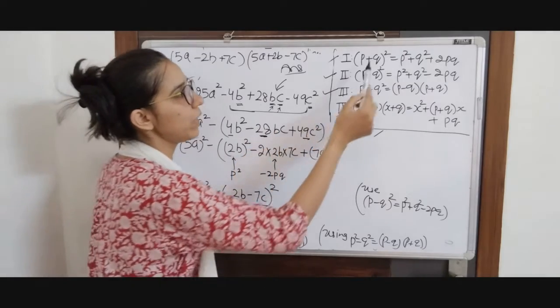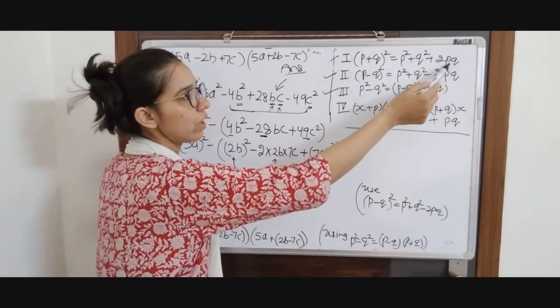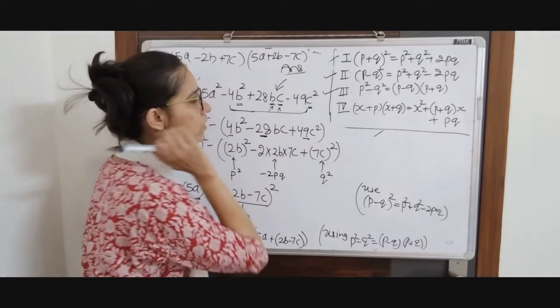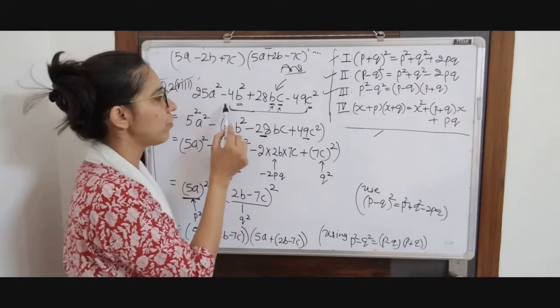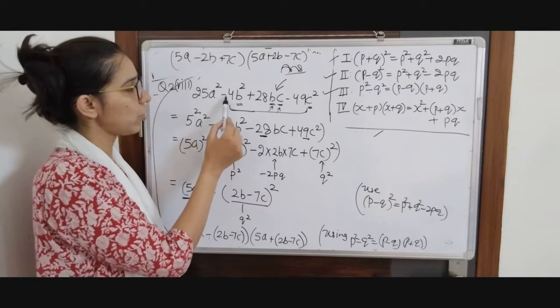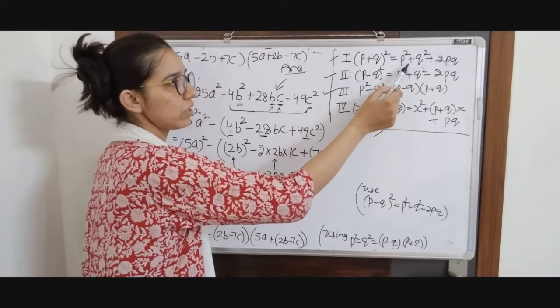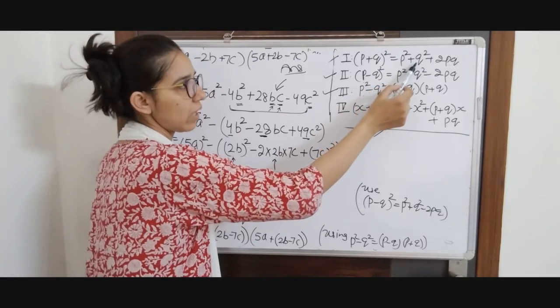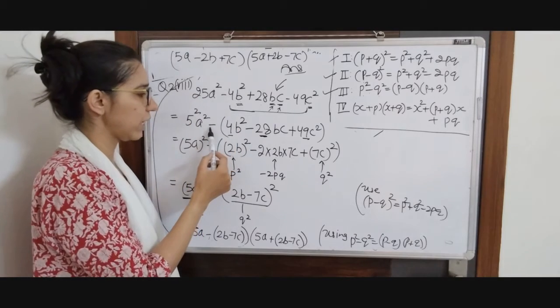So we will try to make identity 1 or 2, because in it only we have 2pq, the product of variables. So we see that there is b square and c square, so we will try to club these 3 and make some identity. We are going to take the negative outside because in our expression there is no negative in front of our square term.